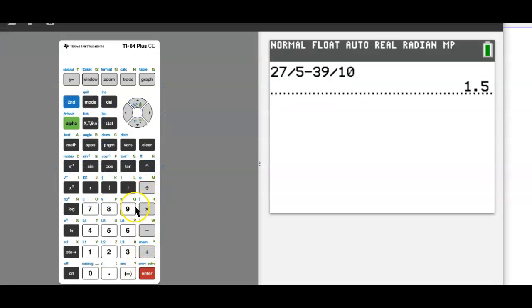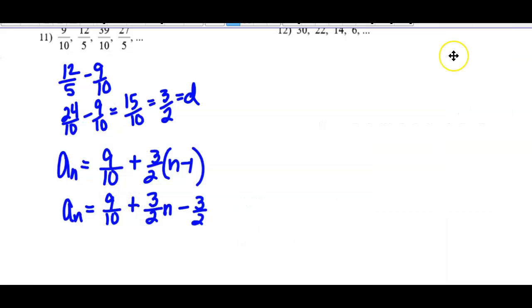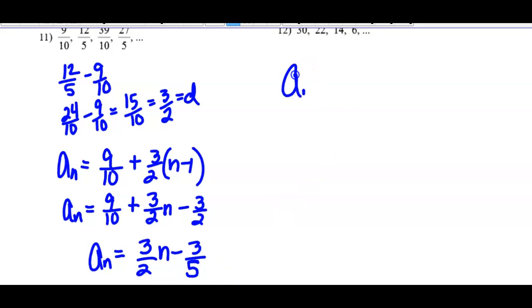I know some of you would go to your calculator. Which is negative 3 fifths. So we have, and it doesn't matter what order you list it in, I'm going to put this first and then say minus 3 fifths.